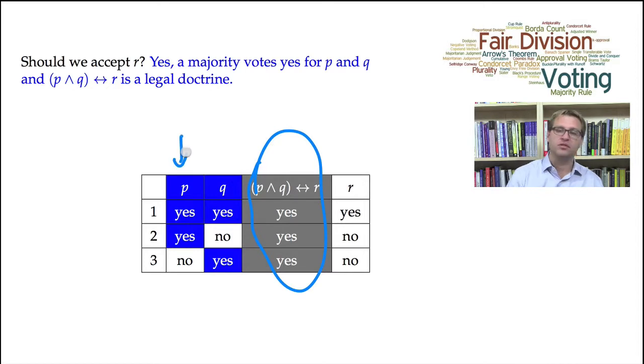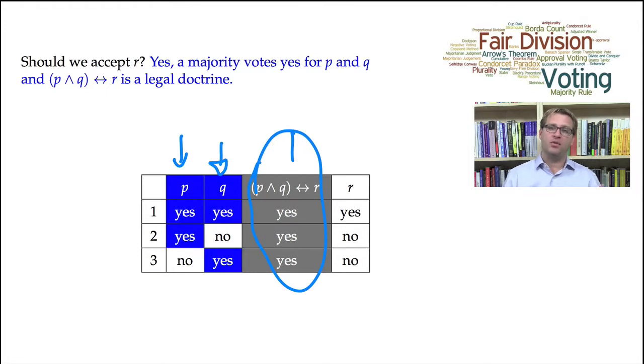They will all answer yes. Do you think that Q is true? They will all answer yes. And since P and Q are both true, and everybody accepts P and Q if and only if R, then it seems like the answer should be yes.